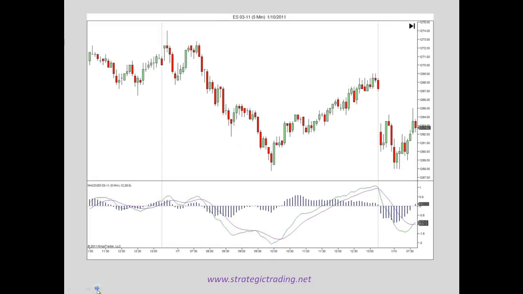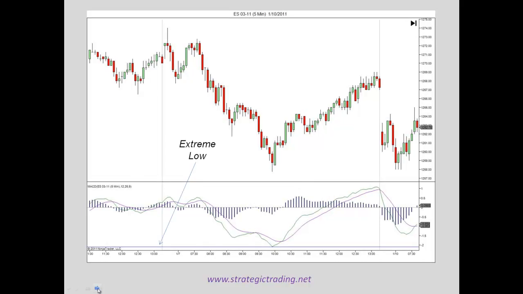Let's take a look here together. We have a MACD on a 5-minute chart, and it's for the ES Mini, and the MACD has the standard settings. And the way that we begin to do this analysis is quite simple.